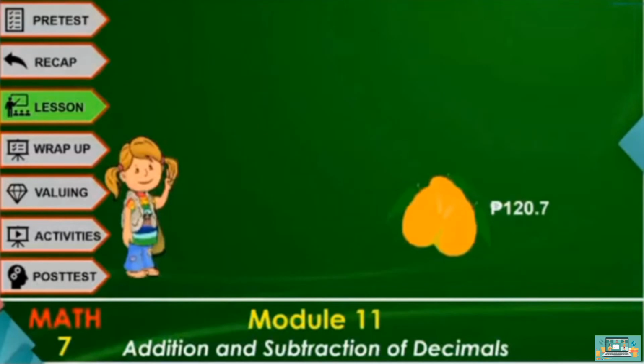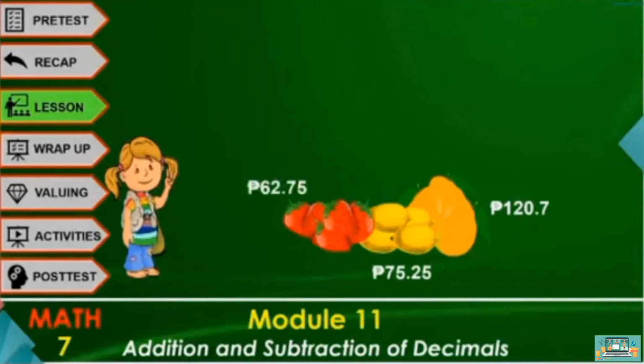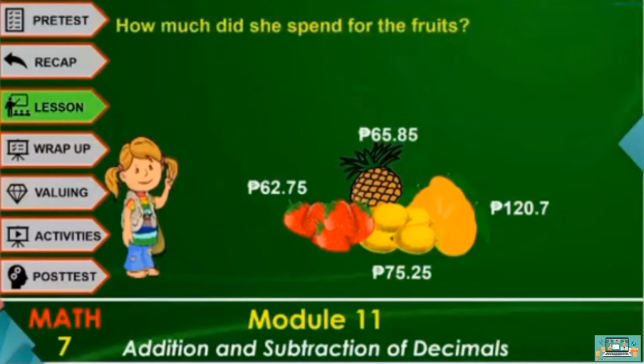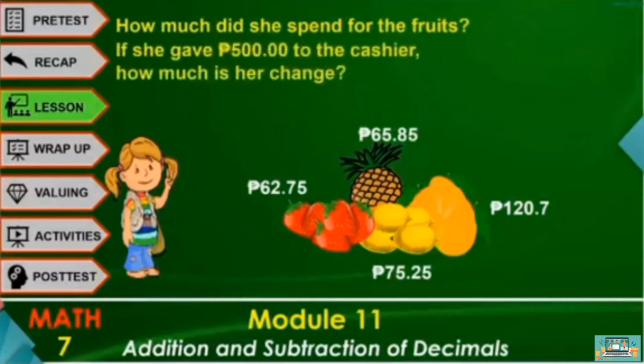If ripe mangoes cost 120 pesos and 70 centavos, half kilo of lemon costs 75 pesos and 25 centavos, a pack of strawberries for 62 pesos and 75 centavos, and a pineapple for 65 pesos and 85 centavos, how much did she spend for the fruits? If she gave 500 pesos to the cashier, how much is her change?